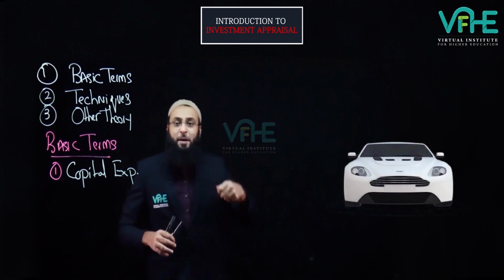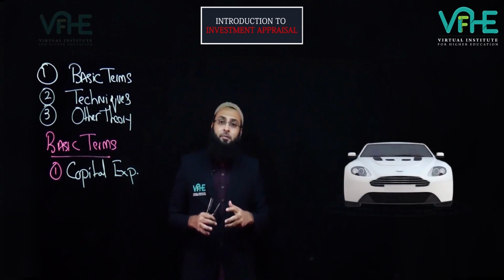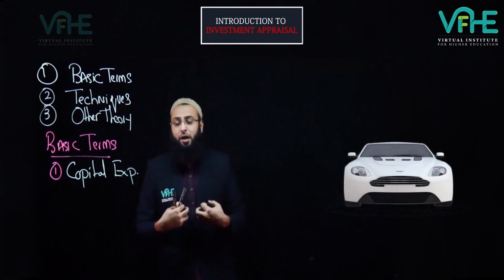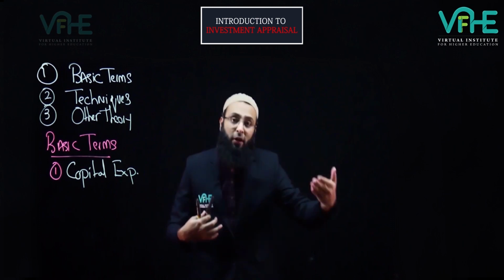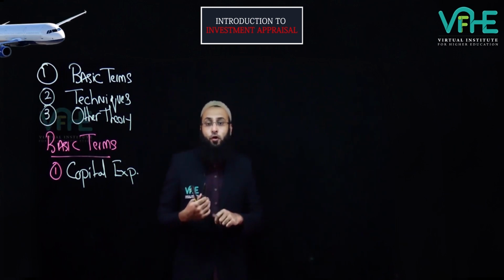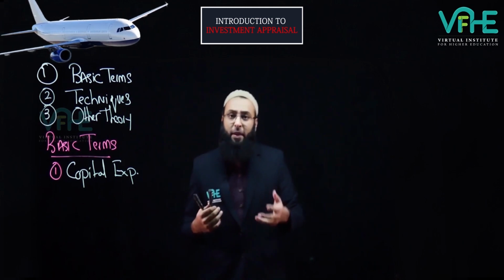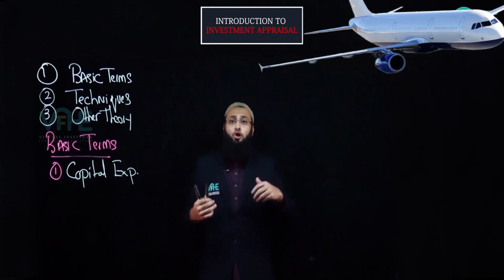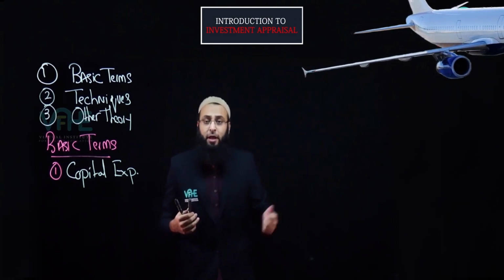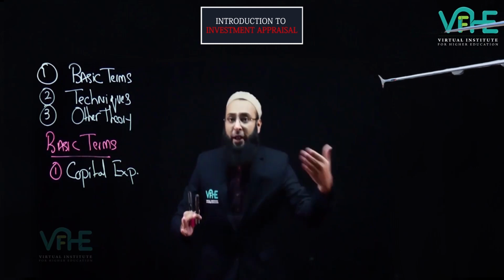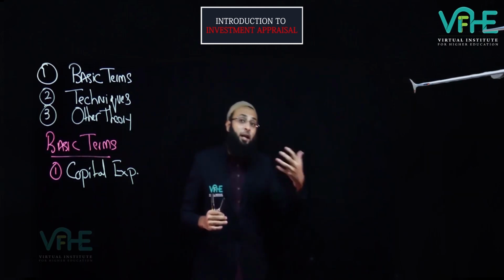So investment made in a car is known as capital expenditure because the benefit that we'll get from that car will be more than 1 year. For example, we bought a plane. The benefit that we'll get from that plane will be more than 1 year. So this is also known as capital expenditure.